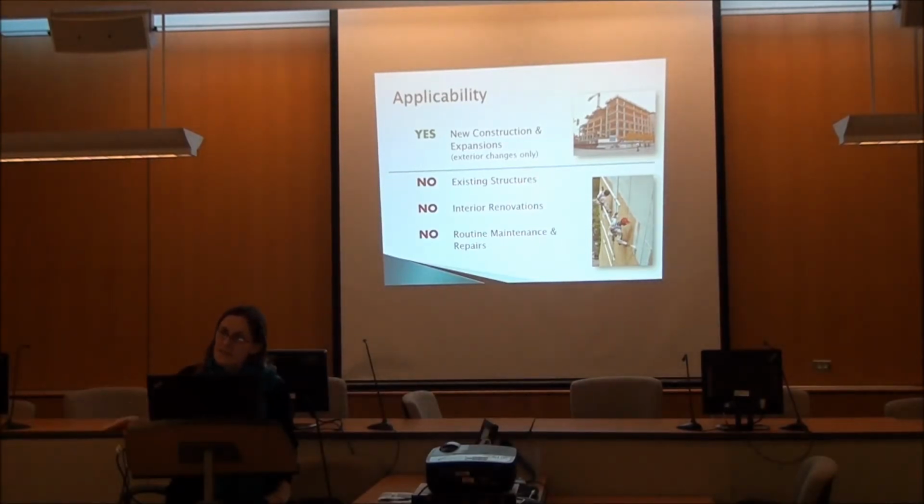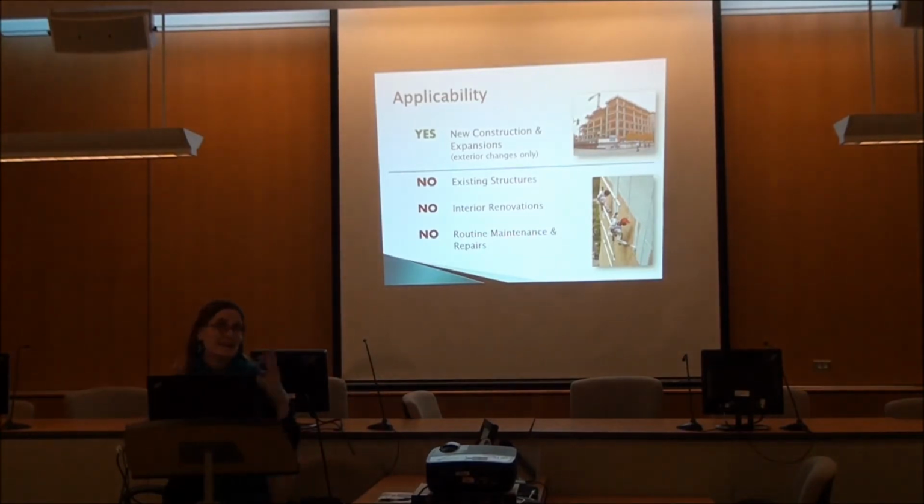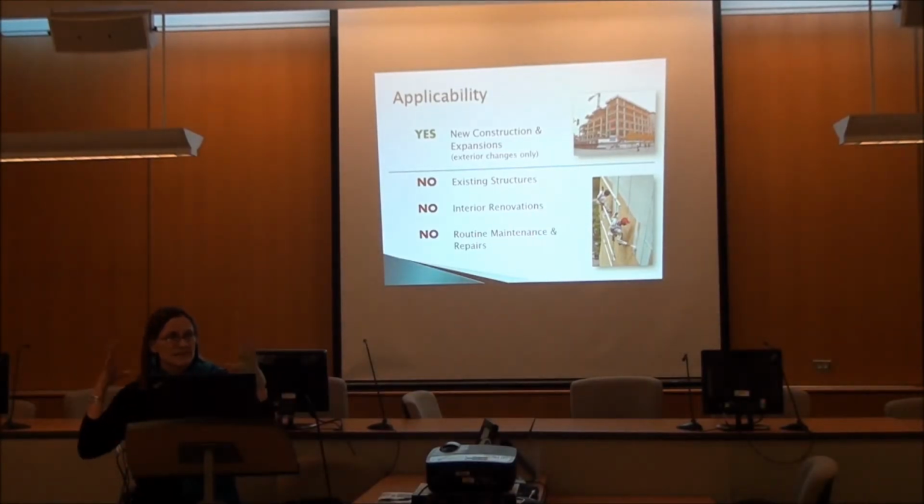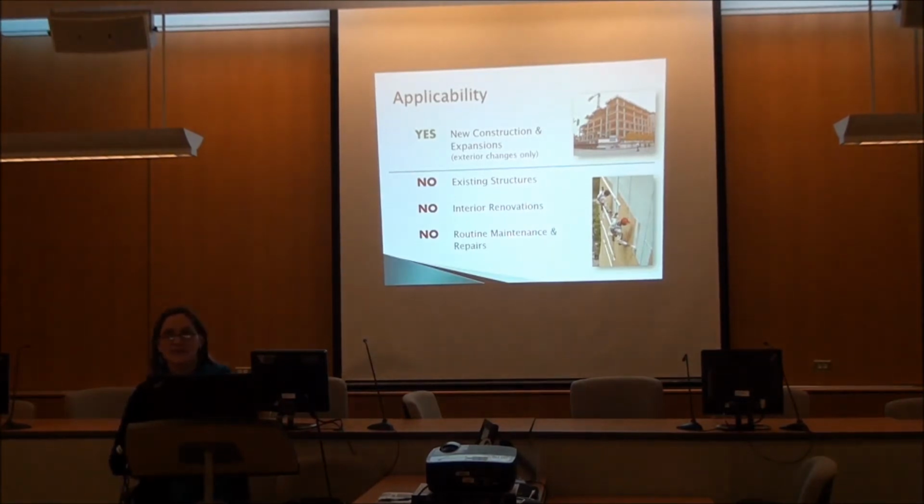So if you have an existing structure and you're not doing anything that really impacts the exterior of the building, this does not apply to you. Again, this really only applies when you have a new building or an addition to a building, or some kind of change to the building that really makes the exterior of the building look significantly different.